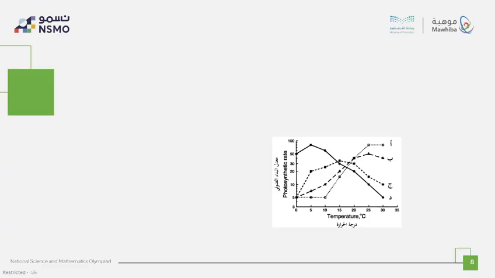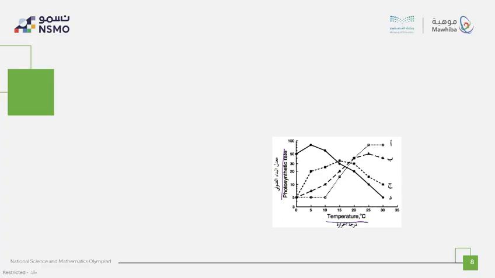First, before we start anything, let's see the graph first. Okay, so the graph shows the relationship between photosynthesis rate and temperature.